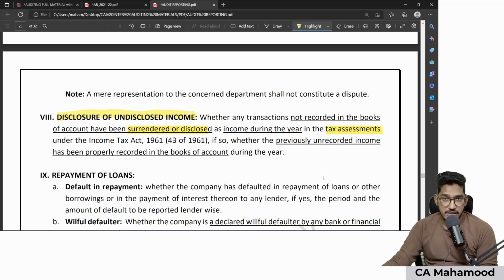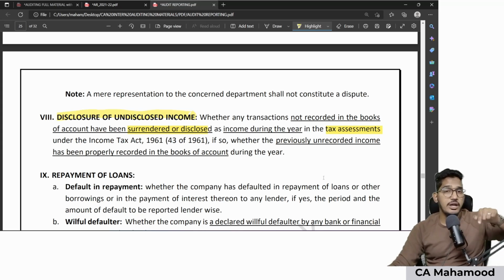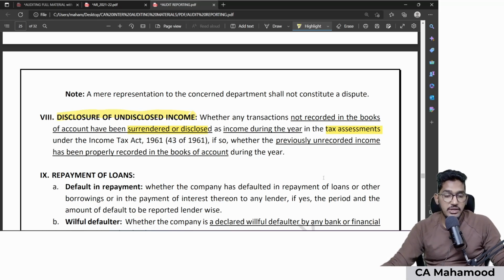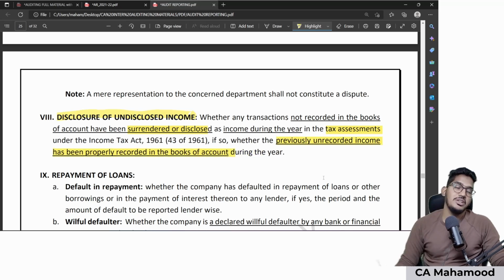Now as an auditor, what I need to check is, if you are surrendering for taxation, you would not have recorded it in the books either. You would have hidden that income from the books, whatever you are surrendering now. So just surrendering before the tax authorities alone will not be enough. Whether that unrecorded income is now recorded in the books of accounts or not, I need to check.